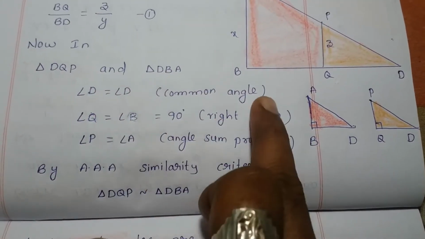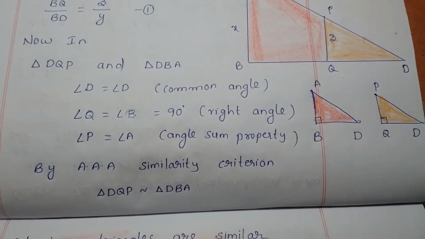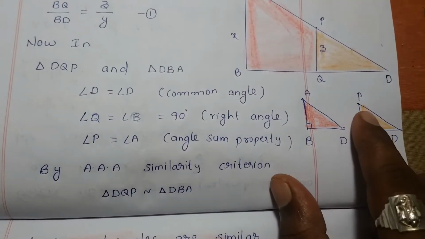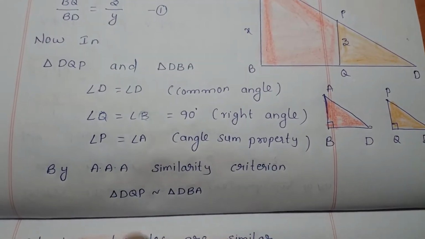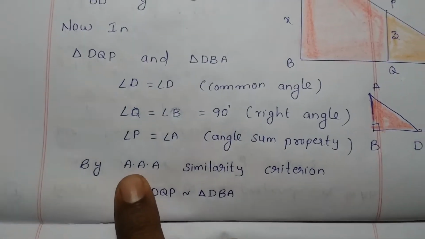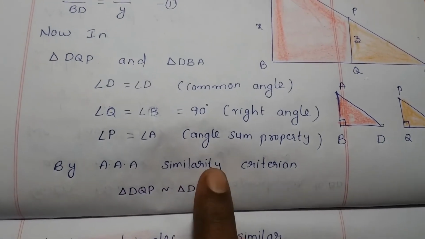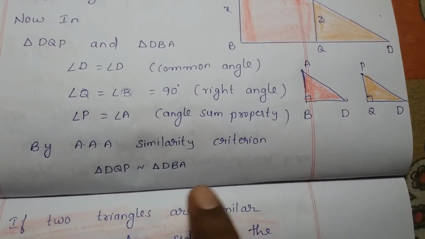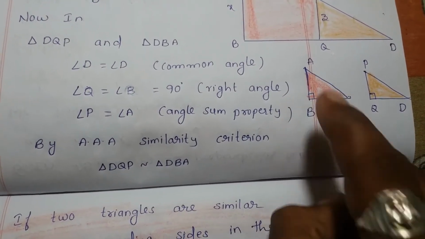So if two angles are equal, the third angle also will be equal by angle sum property. Therefore, angle P equal to angle A. So we can conclude that by using the angle similarity criterion, triangle DQP is similar to triangle DBA.